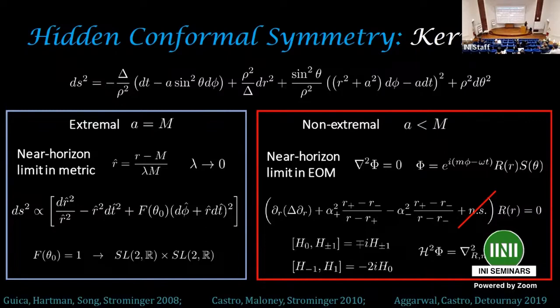So this observation, if you can drop these terms, means that perhaps there is some hidden CFT, hidden conformal symmetry in this wave equation. The pioneering work on this is due to Castro, Maloney, and Strominger.